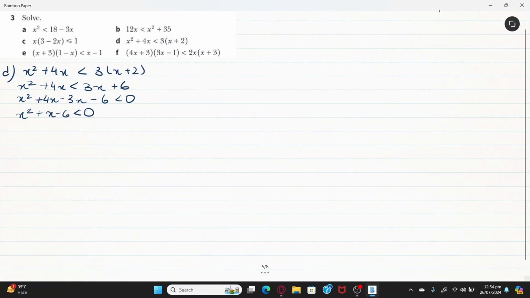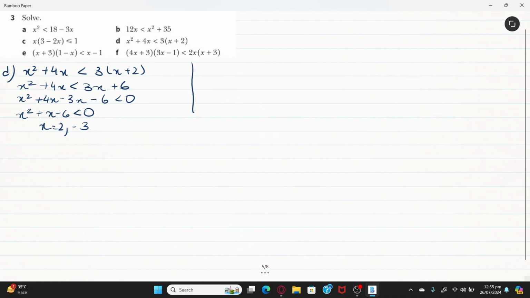I'm using my calculator again with 1 and -6. That gives me two values, x equals 2 and x equals -3. Let me recheck if I've done something wrong or not. Yeah, I've done everything right.